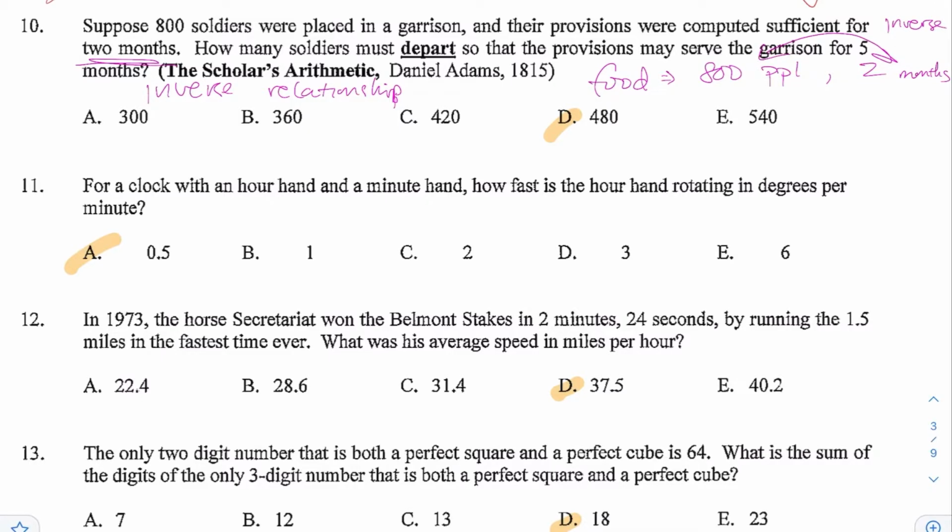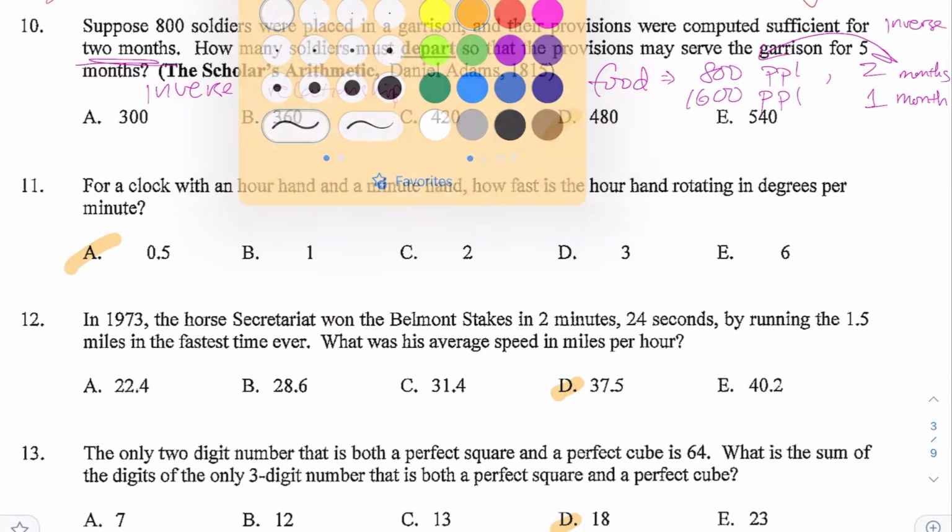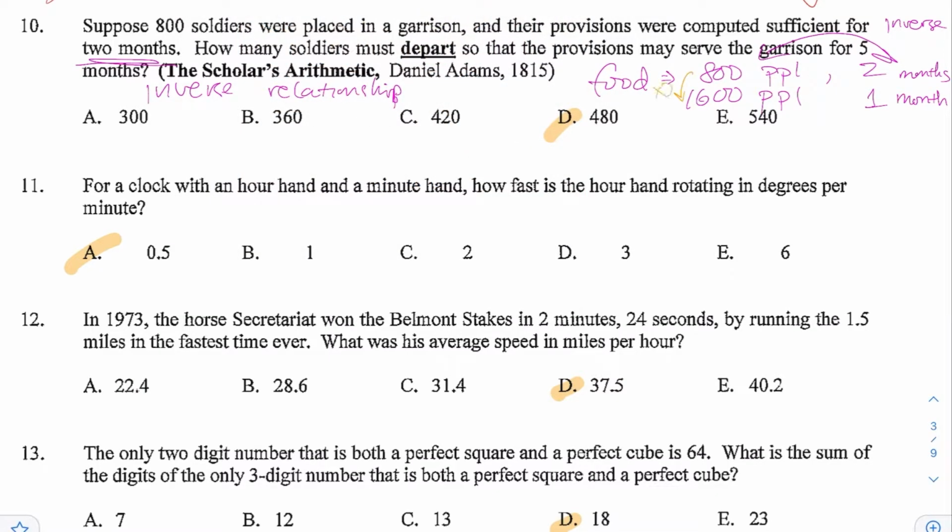That means for example, if you take this to 1 month by doing 2 divided by 1, if you double this, which will be 1,600 people. So if you double the number of people, the food supply will last half as much, because this is an inverse operation. So if you multiply by 2 on the left, you have to divide by 2 on the right.